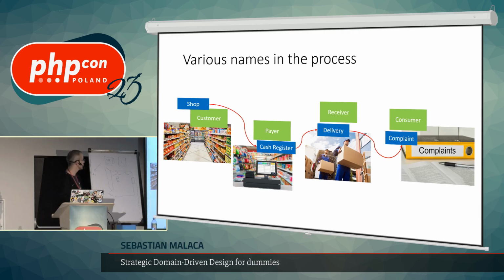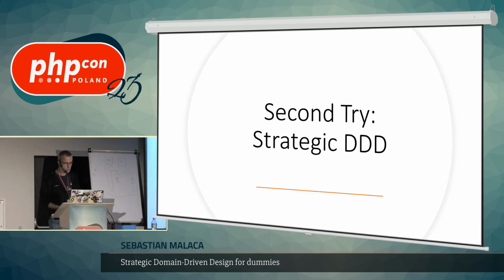I'm no longer a customer. I'm no longer a payer. I'm a receiver. If the products are broken and I need to raise some complaint, in the context of complaint, I'm a consumer. A different word describes exactly the same person during a long process. It also can give us information that we are talking about different contexts, the bounded contexts.